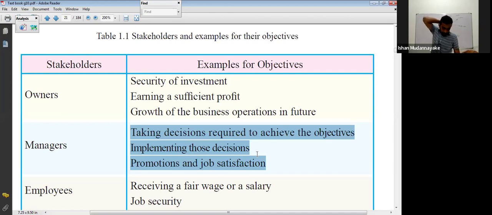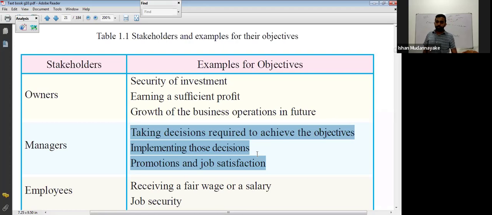Taking decisions required to achieve the objectives: managers expect to take decisions to develop the business organization. And then implementing those decisions, and then promotion and job satisfaction.